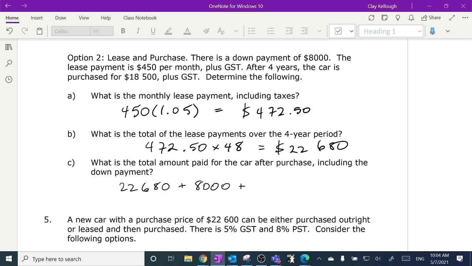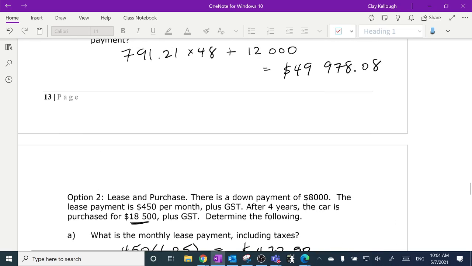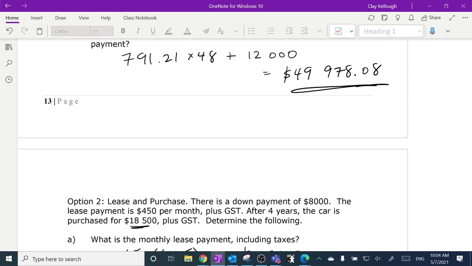Now, again, we're assuming that over the 4 years, this person saved up this much money, so they don't have to actually finance that, in which case it would cost them even more. So I'm going to add this to $8,000 to $18,500, and that gets me $49,180, which is actually a little bit cheaper. I was wrong. It's a little bit cheaper than this option.